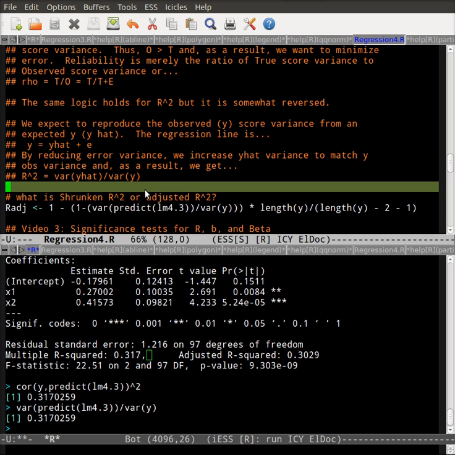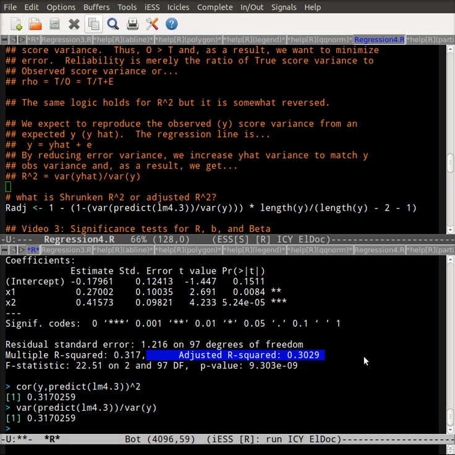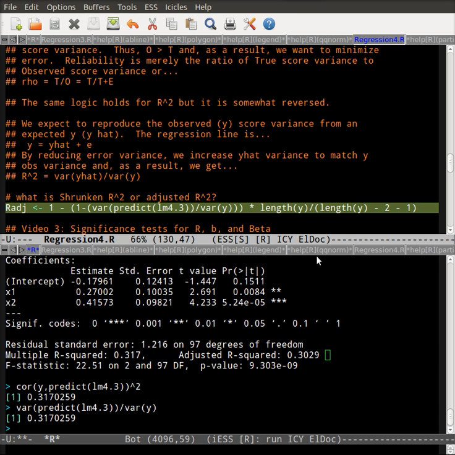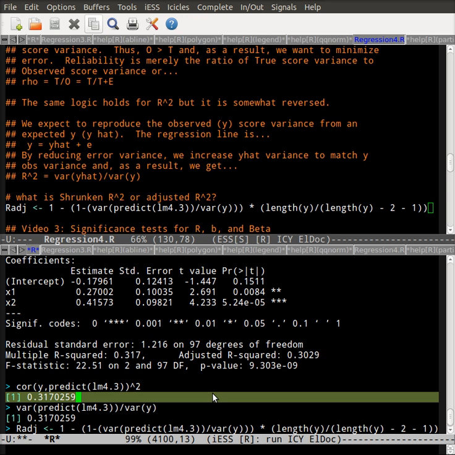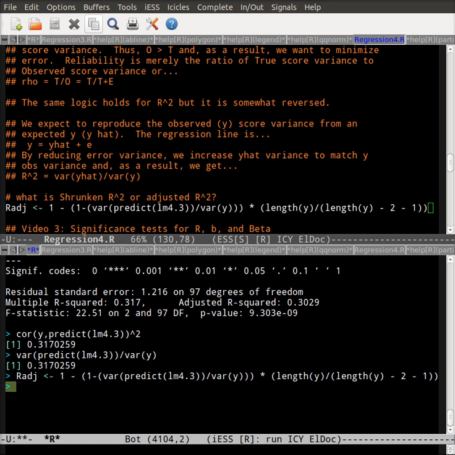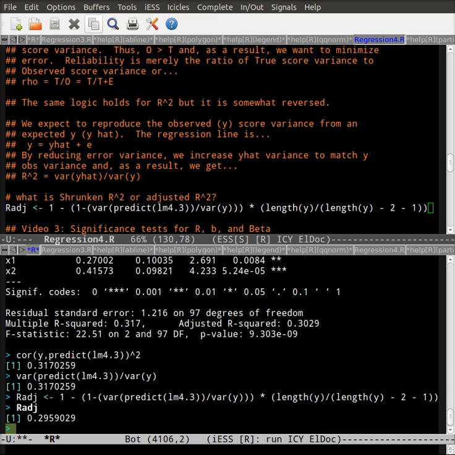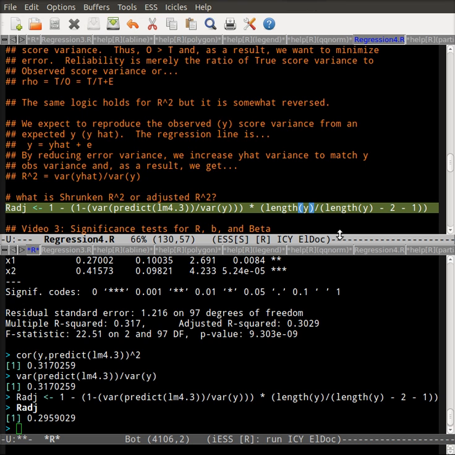So there is an adjustment that we can do, and that adjustment is reflected here in this adjusted r squared. The adjusted r squared is essentially a penalizing function, and that penalizing function takes our r squared that we computed and adjusts it according to the sample size and the number of predictors.